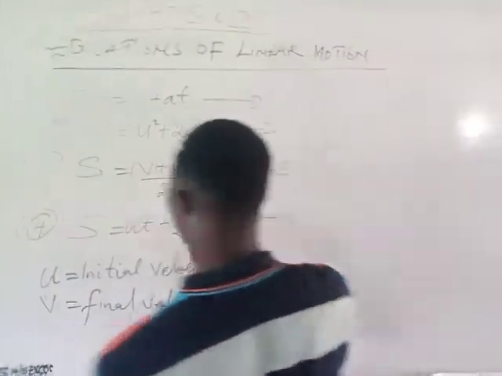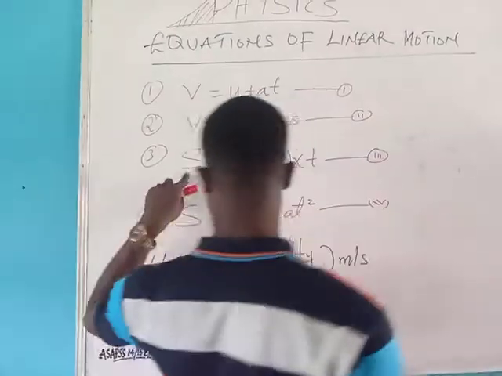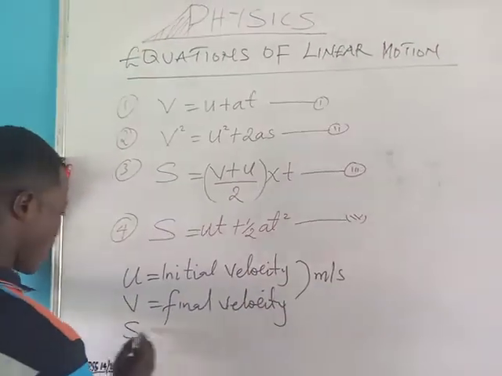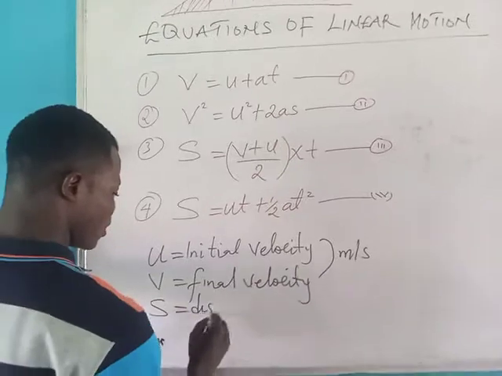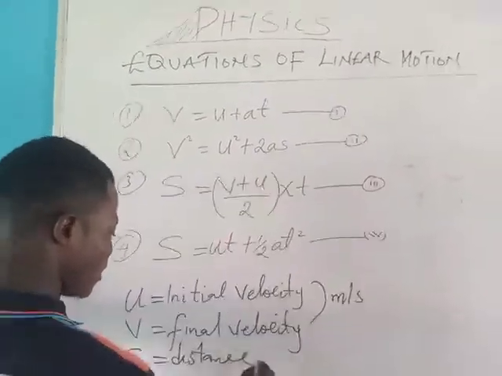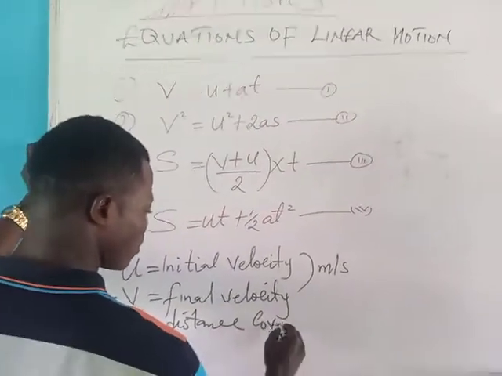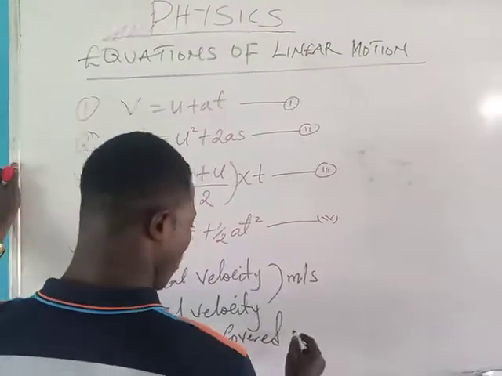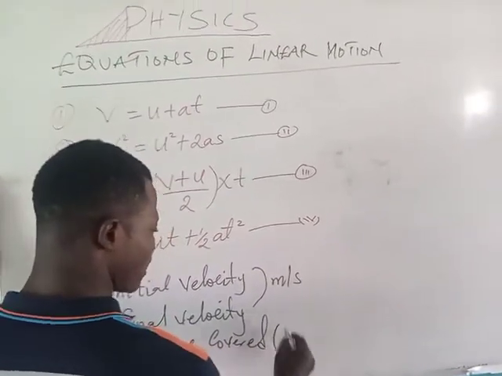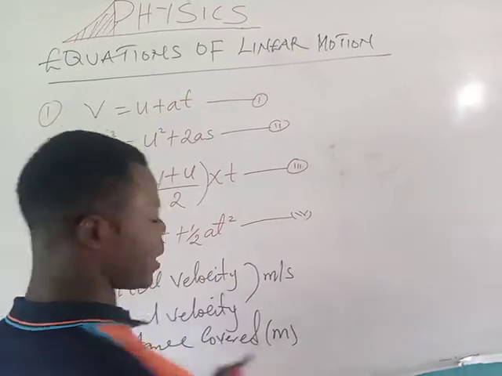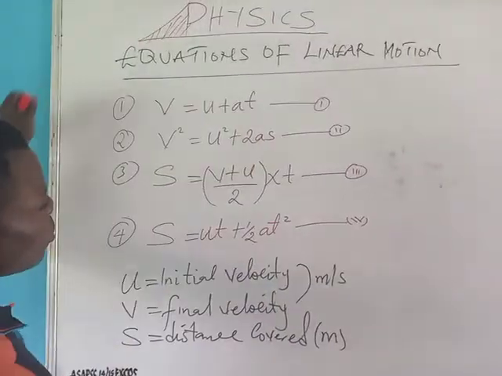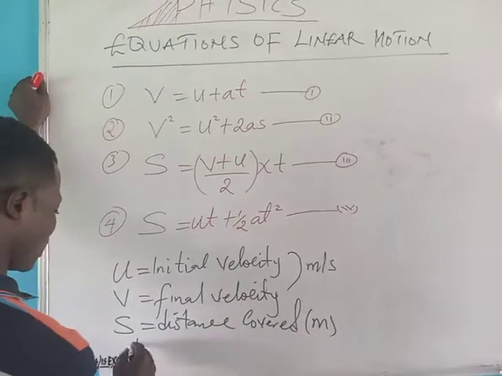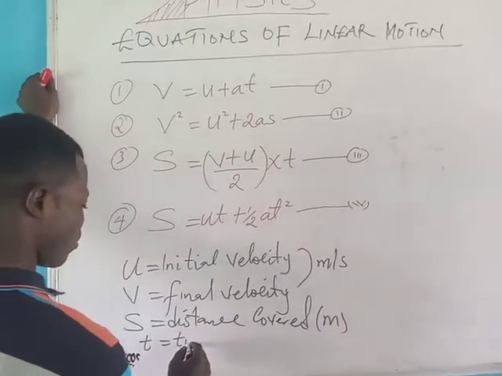So we also have X. X is the distance covered by the object, and distance is measured in meter. That is the standard unit. And also we have T. T is equal to time.